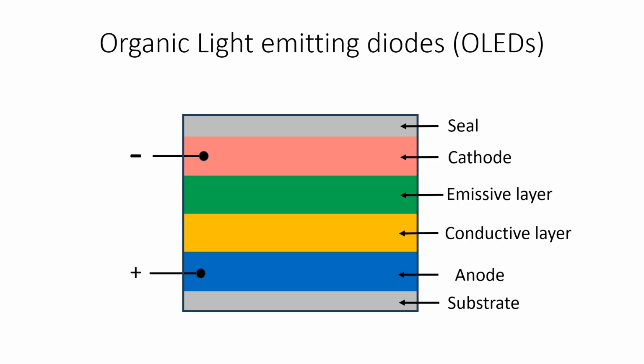In between those layers, there is a negative terminal called the cathode and a positive terminal called the anode. Finally, in between the anode and cathode are 2 layers made from organic molecules called the emissive layer, where the light is produced, which is next to the cathode, and the conductive layer next to the anode. When a voltage is applied between the cathode and the anode, then electrons enter the cathode and holes enter the anode.